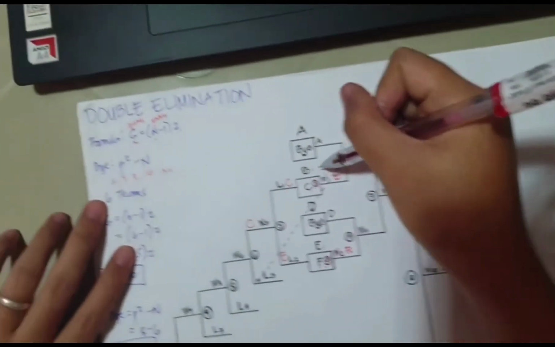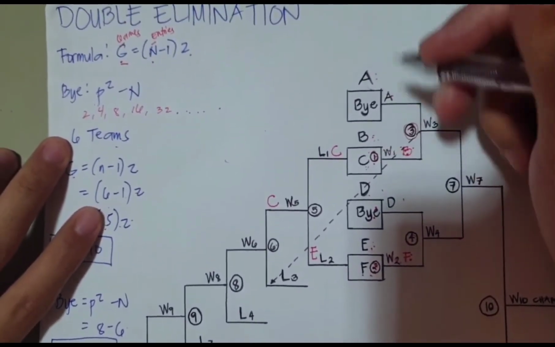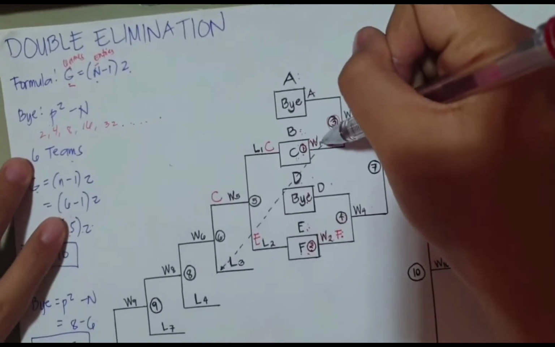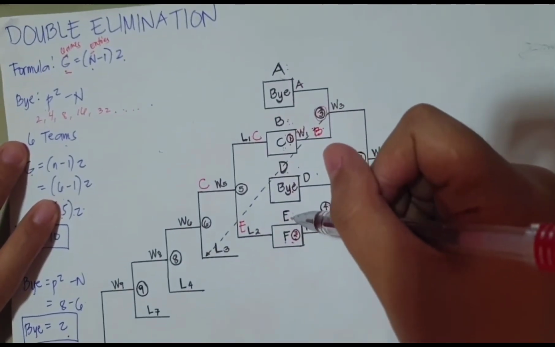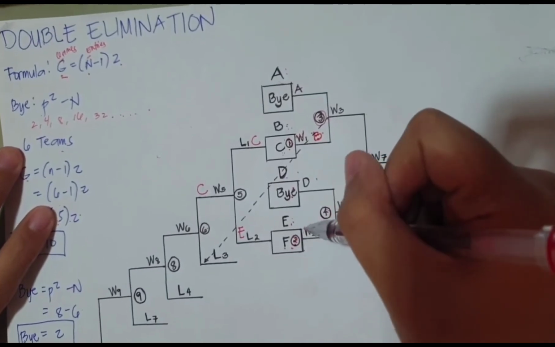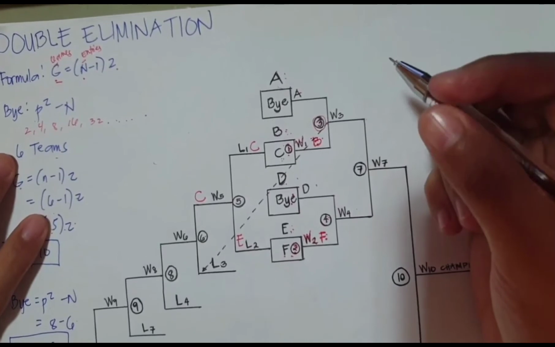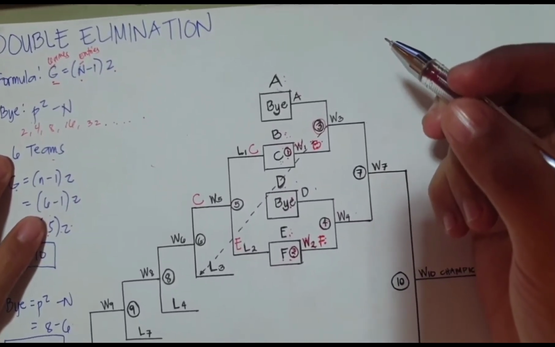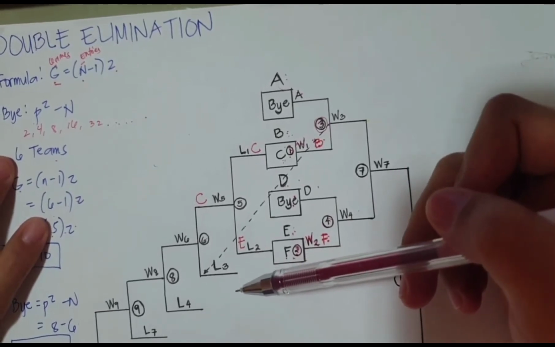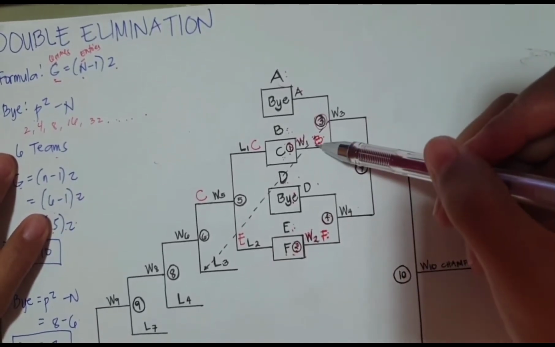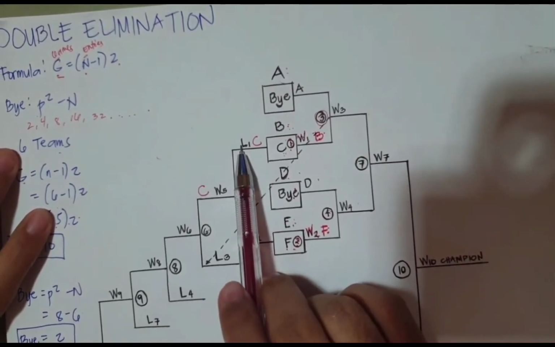Let's say for example, for game 1, B versus C, the winner 1 is Team B. And then for game 2, E versus F, Team F won. Since the bracketing system has two brackets, the winner's bracket and the loser's bracket, make sure that when we declare the winner in the winner's bracket, the loser goes to the loser side.